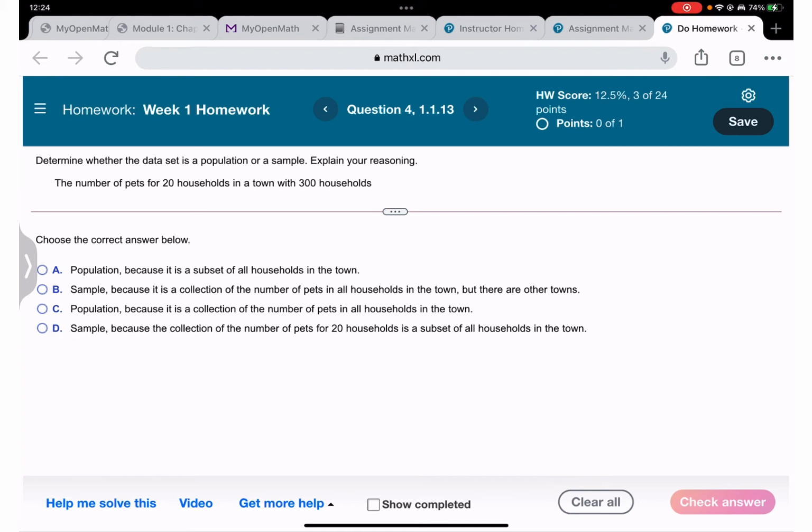We have 2 cases of sample, B and C. C says there are other towns. No. What do you mean there are other towns? We are talking about the town, and the town is our population. Let's read D: sample because a collection of numbers of pets for 20 houses is a subset of all households in the town. Bingo. Should be this one.